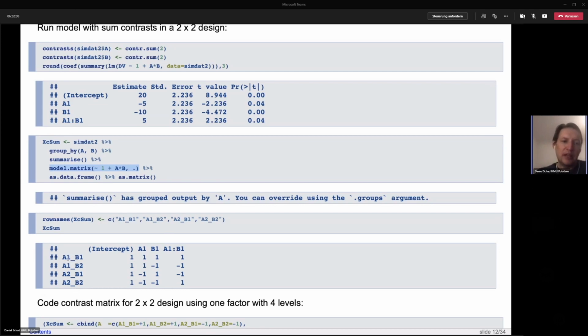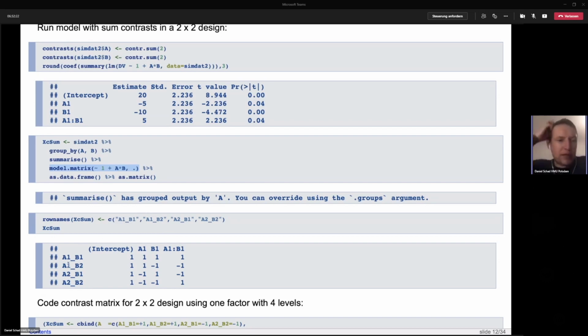The first 2 are A1, and the second 2 correspond to A2. But we can see that they also are associated with B1, B2, B1, B2. So we can see that these 2 factors describe these 4 factor levels.